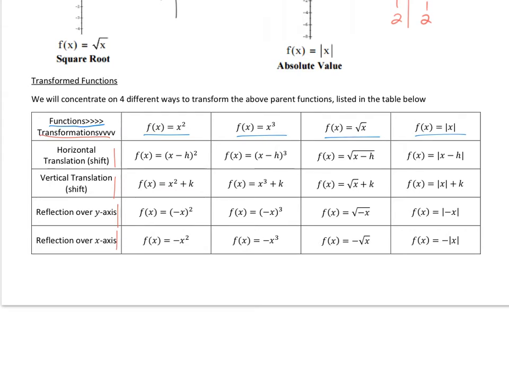So if you're given a cubic parent function and you're told to shift it vertically, that is either shift it up or shift it down, then you're going to have an equation that looks something like this. So this table explains a lot of things, and we're going to go over what all of these mean in the next page.